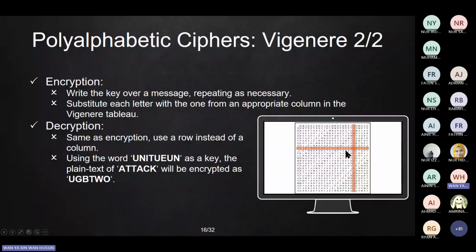To do decryption, you look for your key here, and then you identify your ciphertext alphabet, and you will know the plain text.